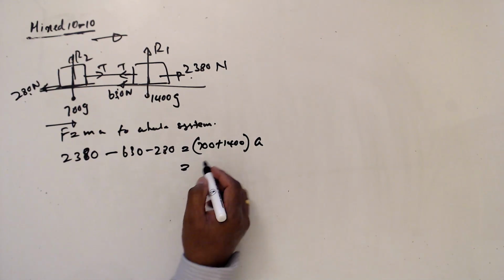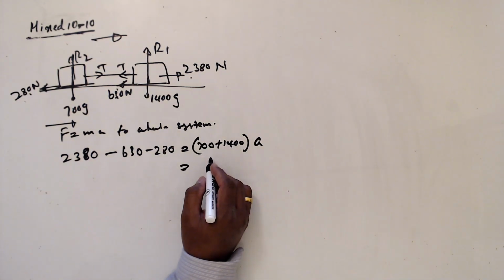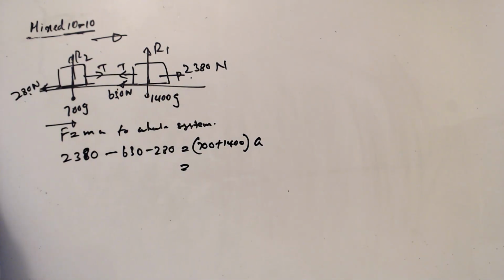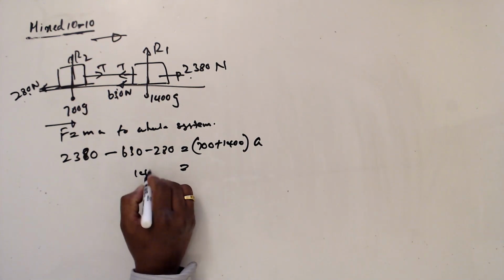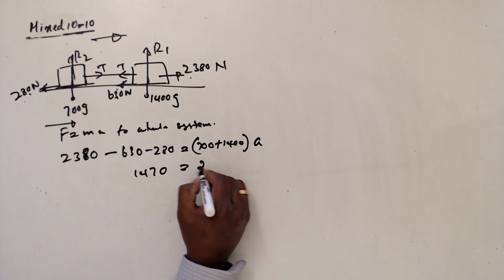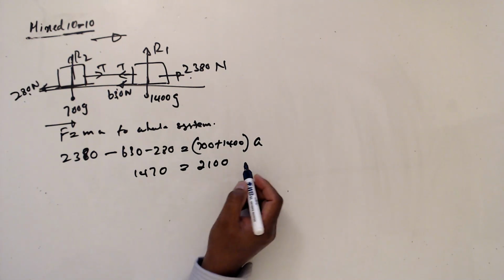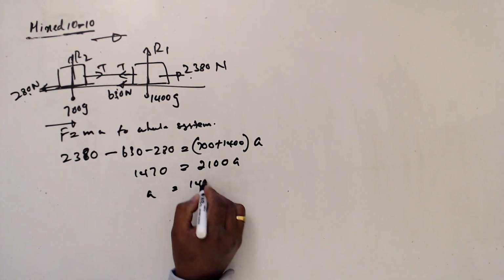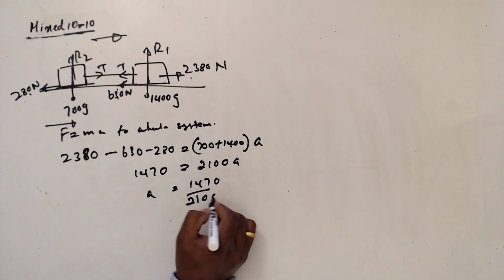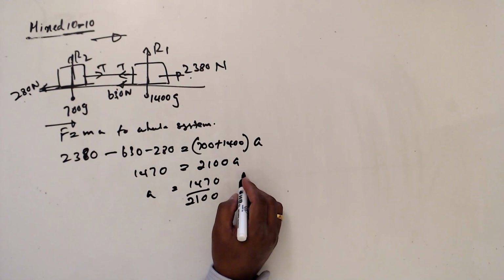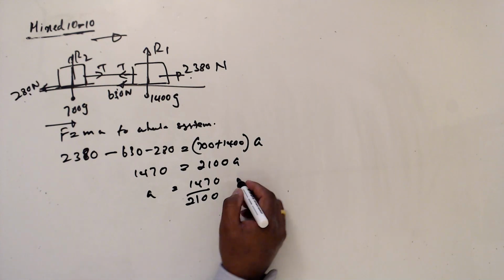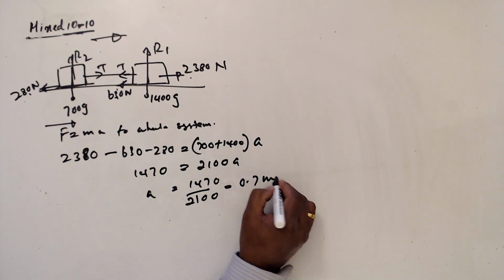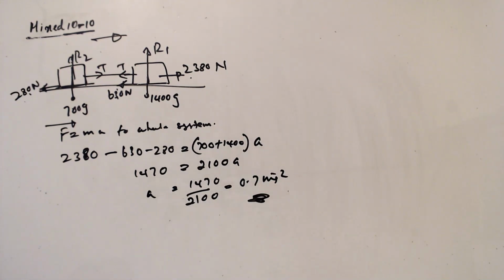So this is going to be 1470, and this is 2100. So a equals 1470 divided by 2100, that is 0.7 m/s².